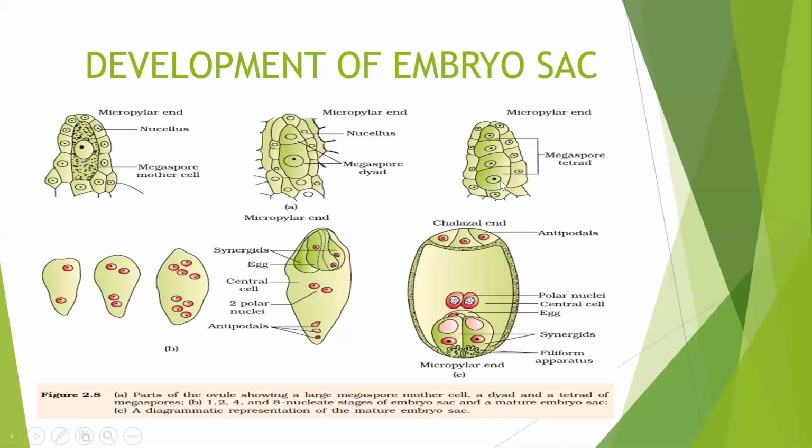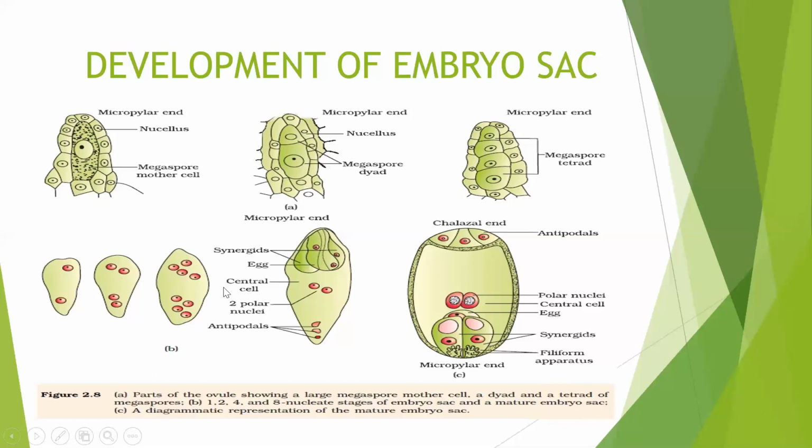The nucleus in the functional megaspore is haploid, and this functional megaspore enlarges and the nucleus divides by mitosis 3 times.